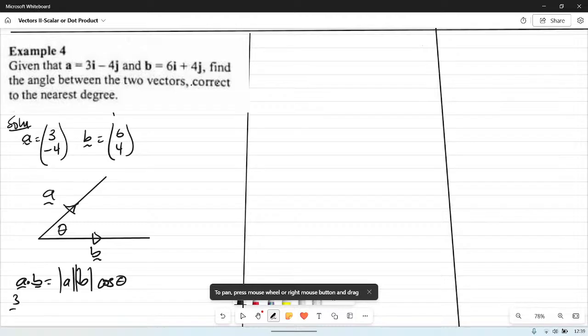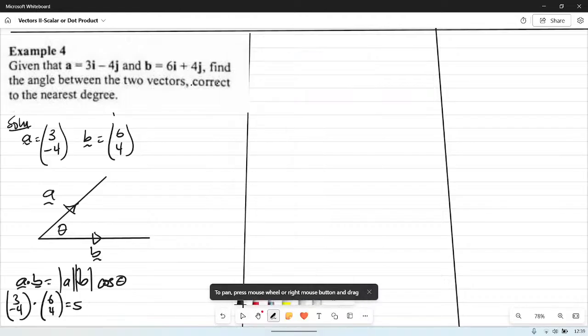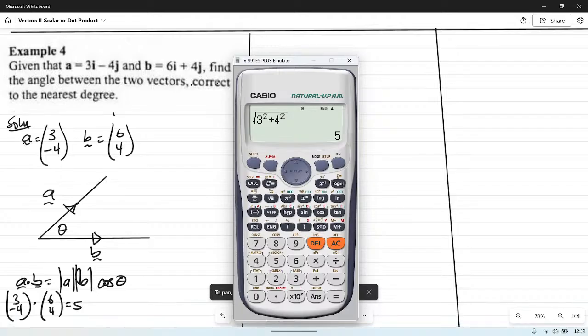What is A? (3, -4) and B is (6, 4). Then let's find the magnitudes. It's 3 squared plus 4 squared, which is 5, right? Let's go and multiply the other one: 6 squared plus 4 squared.